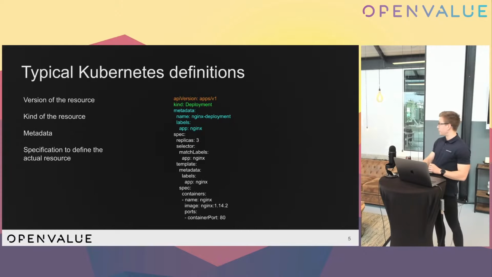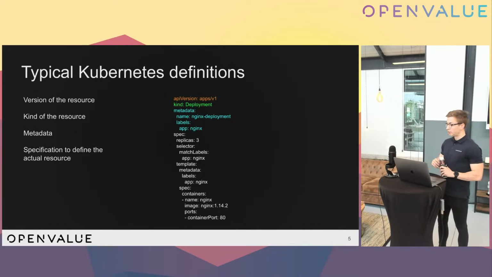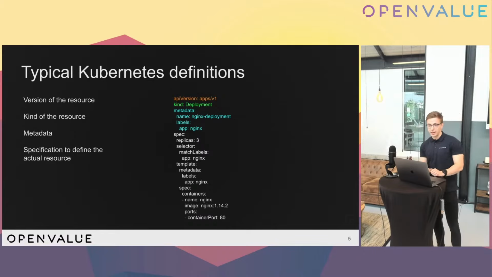Coming back to Kubernetes, if you're not really familiar with Kubernetes, this is an example definition. At the top in orange, you pretty much see the API that you're using. In green is the kind of resource that you're trying to create.